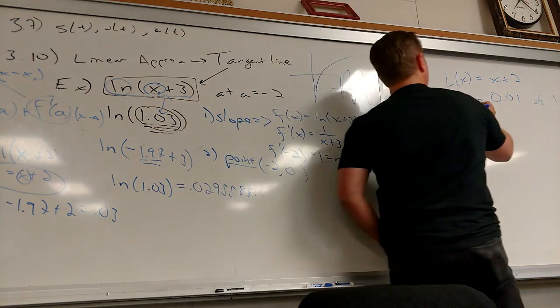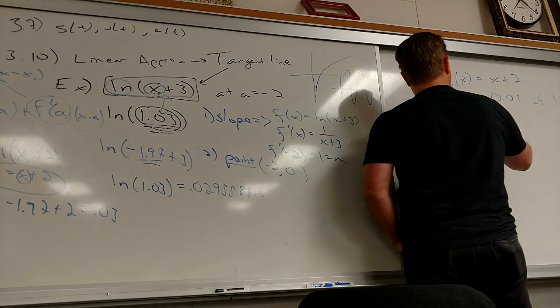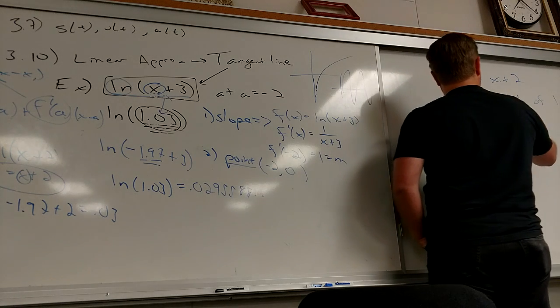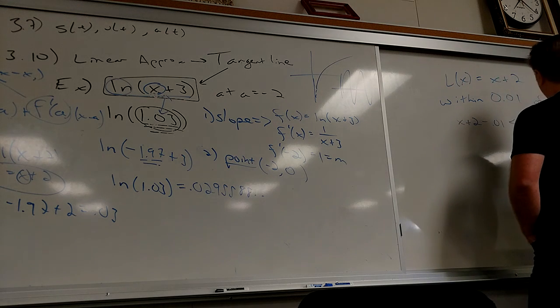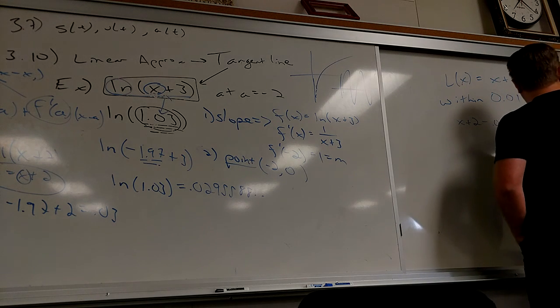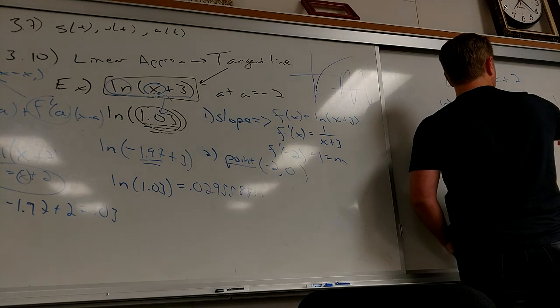So I want x plus 2 minus 0.01 and x plus 2 plus 0.01. I want to be off by at most 0.01 from this guy.